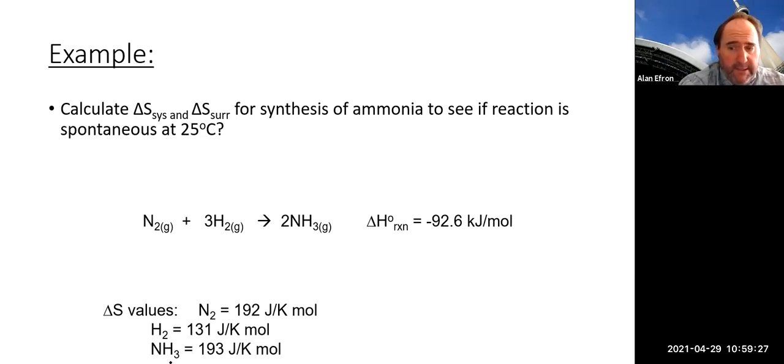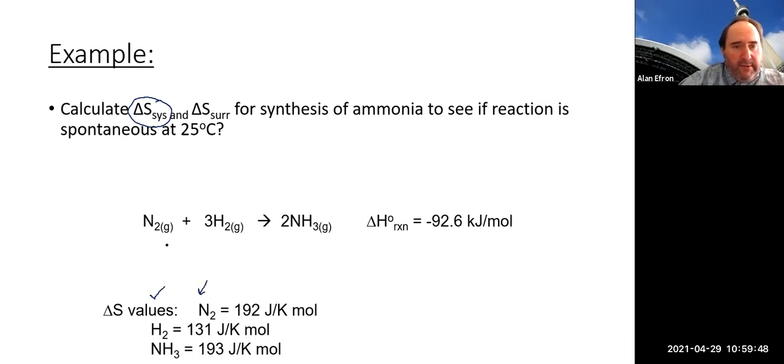Okay, so let's take a look and see how we're doing. In this case, we do want to find both the system and the surroundings. So remember, for our system it is going to be our products minus our reactants. We would go to the table if it was not provided for us, and that is basically where all of those values came from.